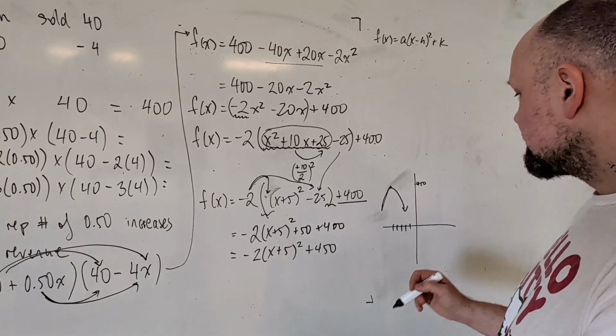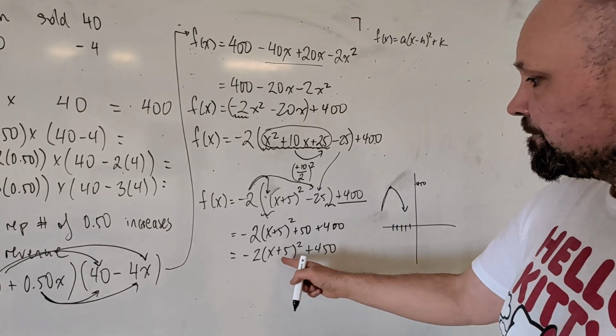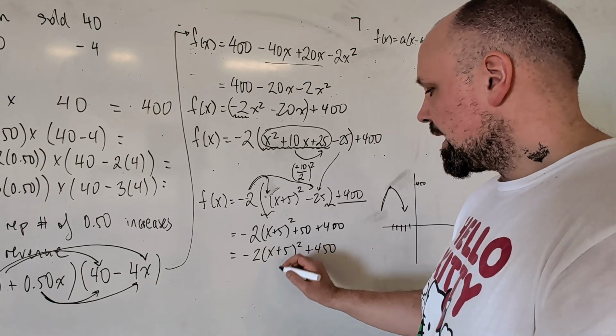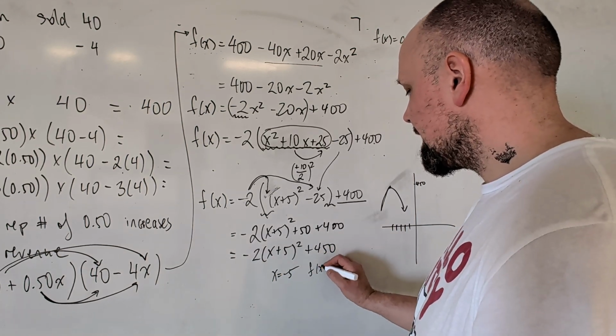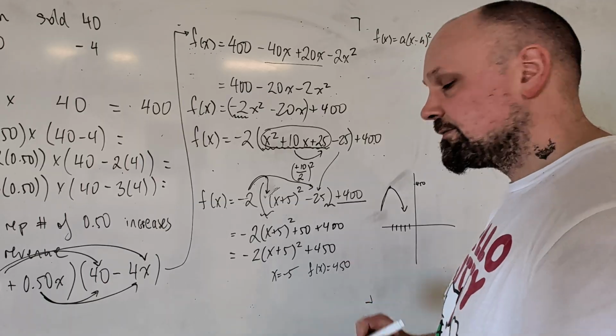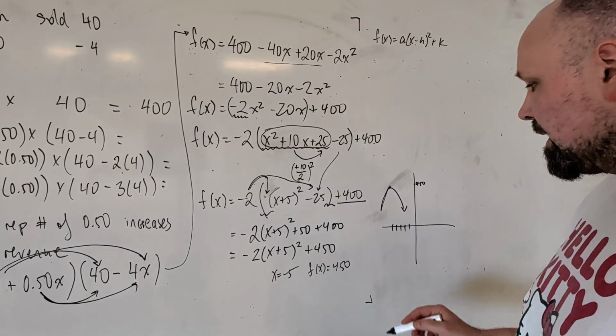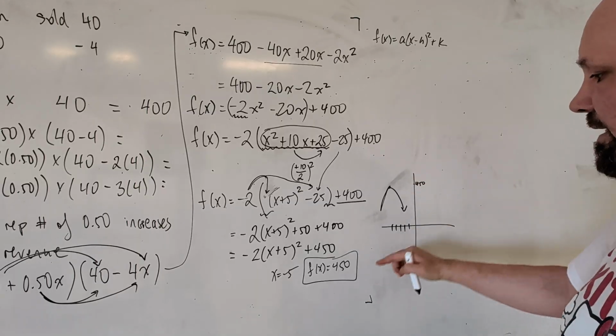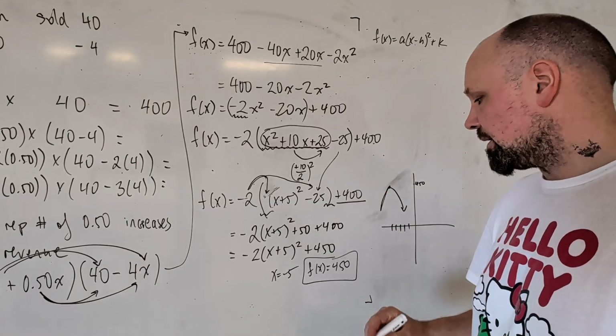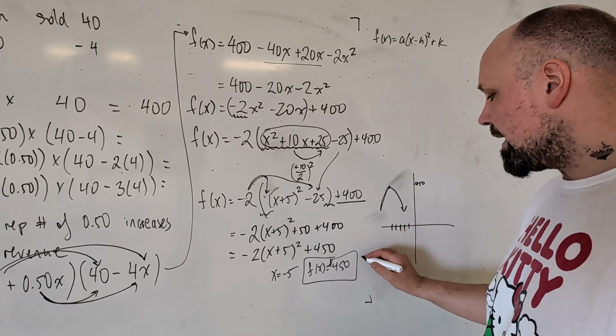So what that tells me is that x is -5 and f of x is 450. So this is the revenue. That's the highest y value, the highest revenue that they're going to make. So that's our max revenue.